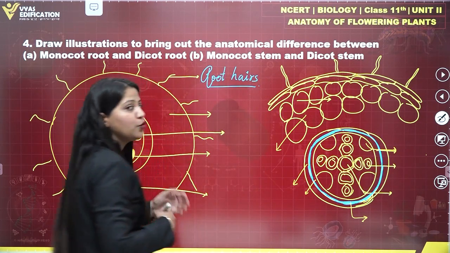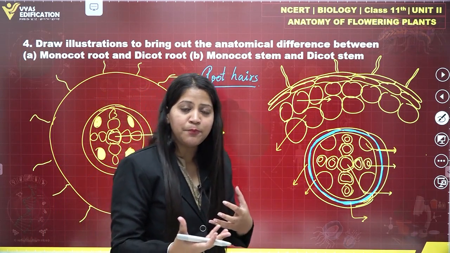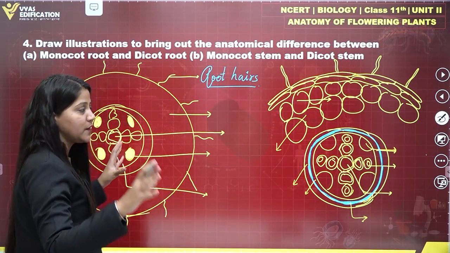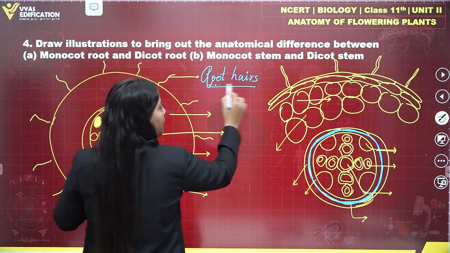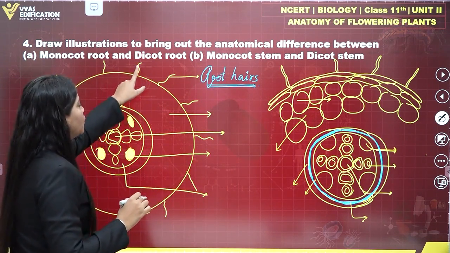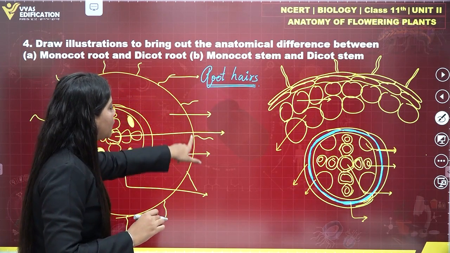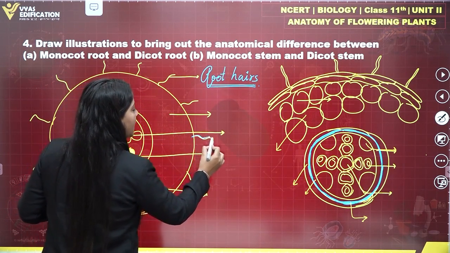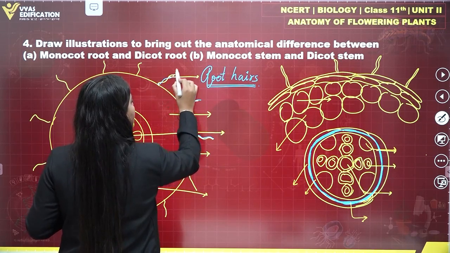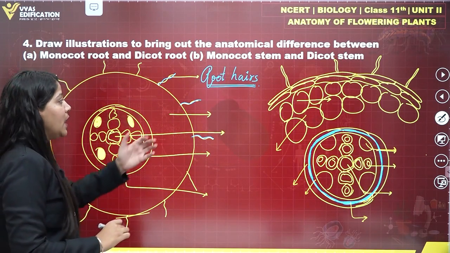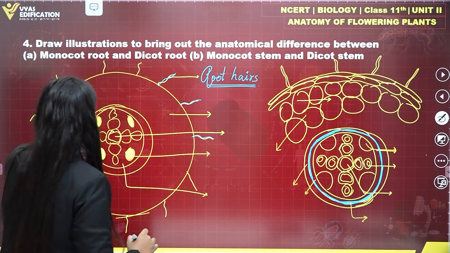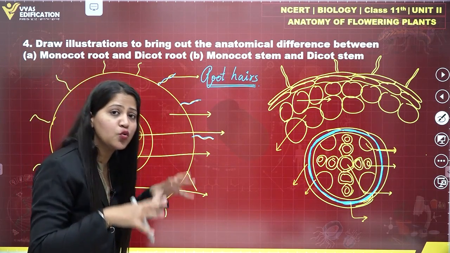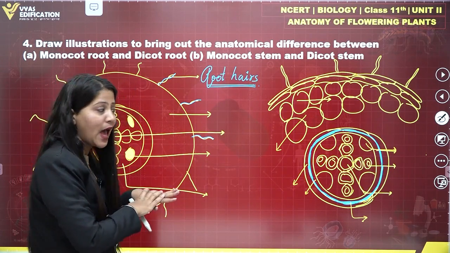Obviously root hairs are found on roots only, not in stems. So root hairs are present in roots. These structures are nothing but root hairs. Right? Now let's talk about the first layer to which these root hairs are attached.